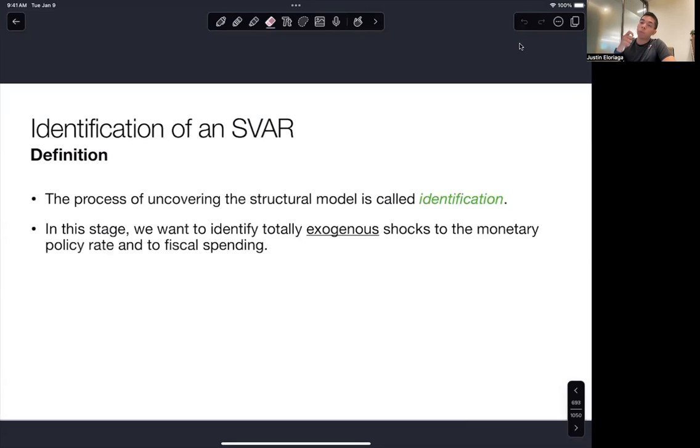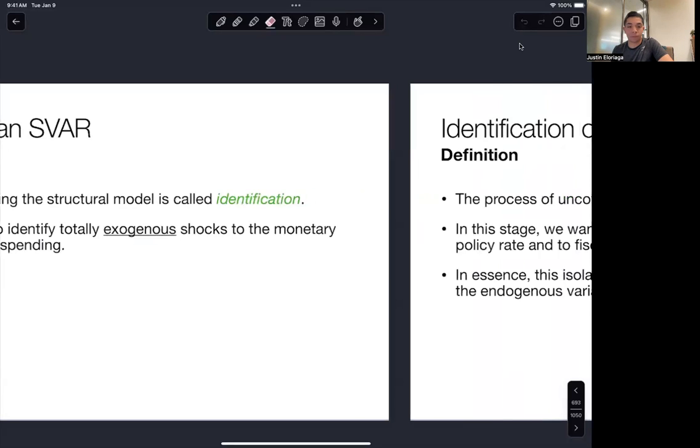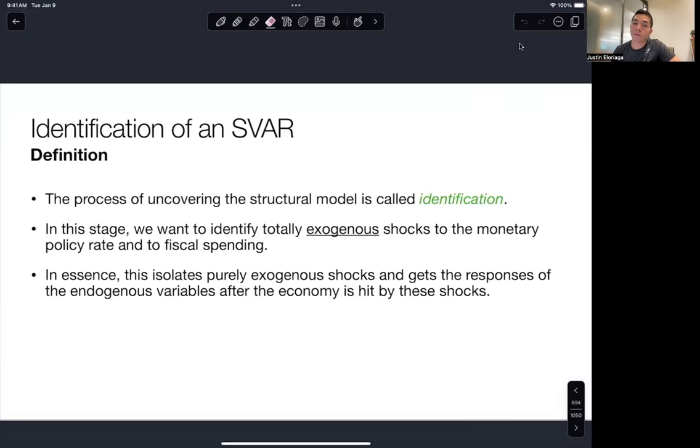We want to come up with shocks in such a way that they are exogenous, and these shocks correspond to rising monetary policy rates or a rise in fiscal spending, or the converse scenario. In essence, identifying an SVAR is about isolating purely exogenous shocks.